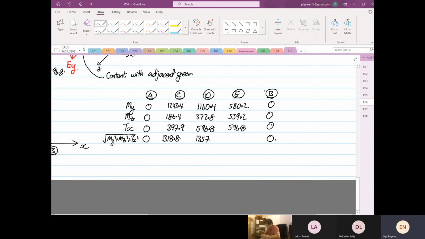So that's where they hire McMaster Gadget. 1002.7. Okay, so if you look at these numbers now, let me do it again. 580.2 squared plus 559.2 squared plus 596.8 squared. 1102.